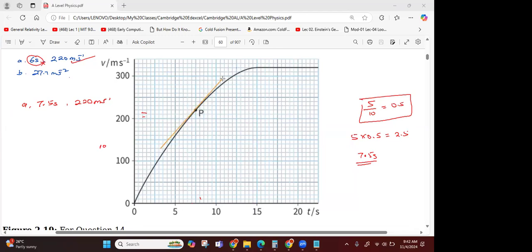I draw a tangent line at this point and extend it till I get a good value. This has to be tangential. Similarly, I can extend this side also.